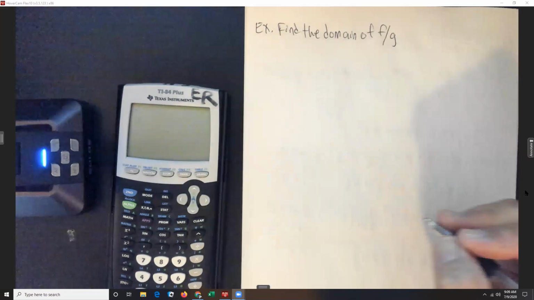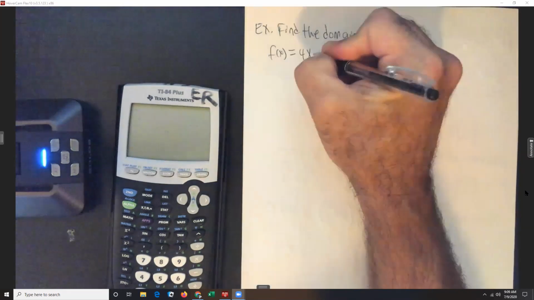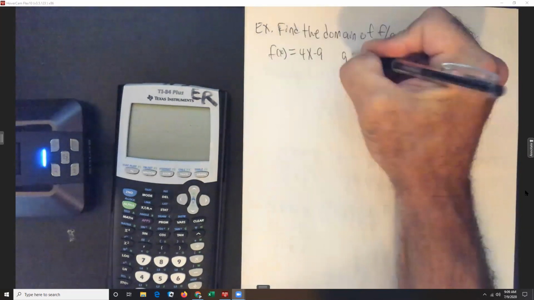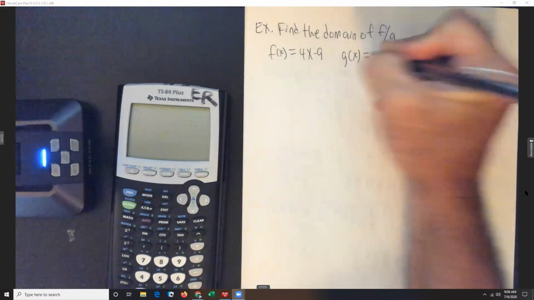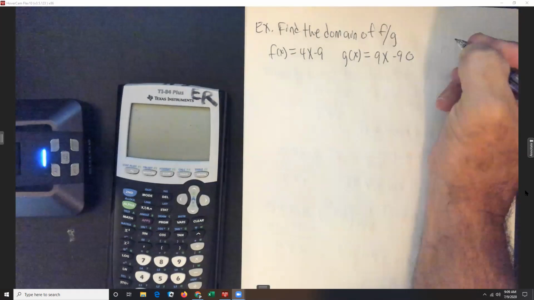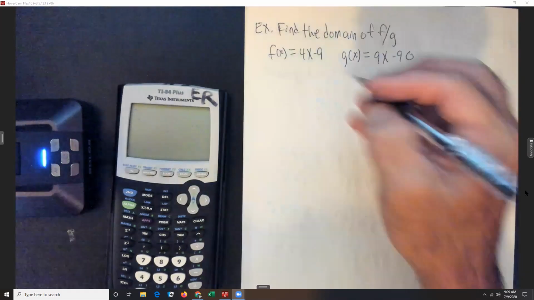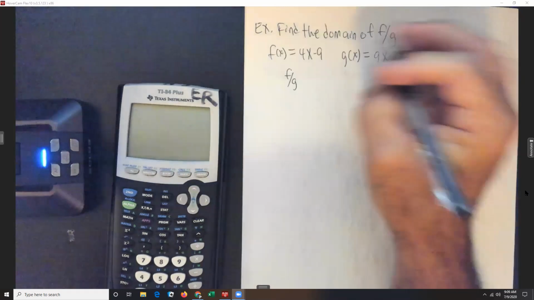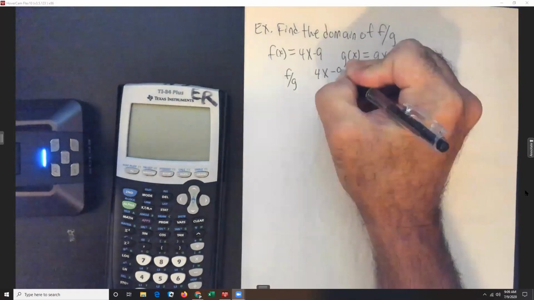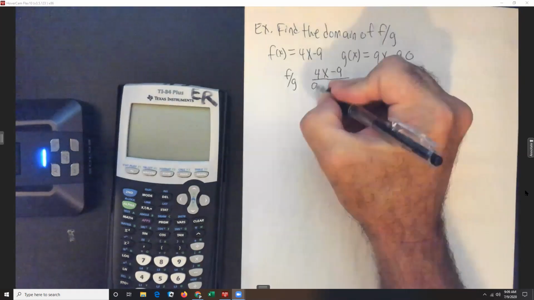F of x is going to equal 4x minus 9. G of x is going to equal 9x minus 90. So f divided by g is going to equal my f, which is 4x minus 9, divided by my g, which is 9x minus 90.